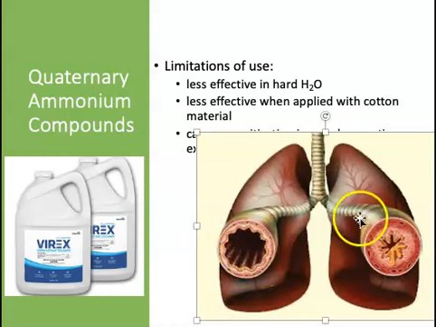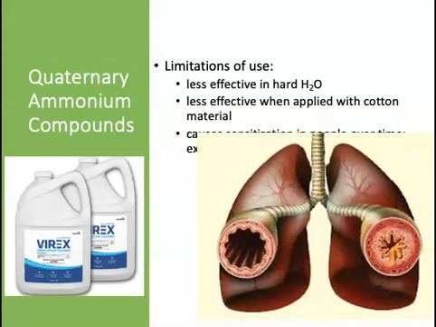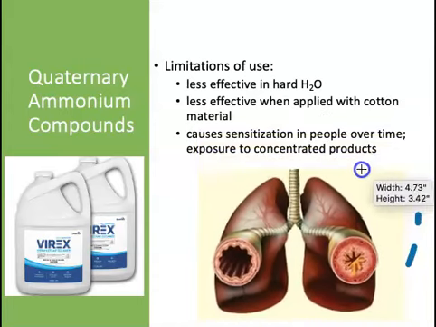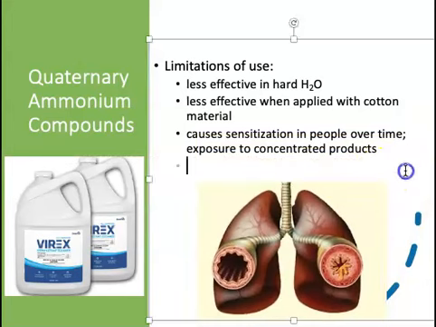Now compare that to this side, where the lining of the bronchus has become very inflamed and has started to secrete this material. This is what we refer to as a sterile inflammatory response. This is a response to the chemical itself. Those vapors cause this sensitization. It's an immune reaction inside the airways.